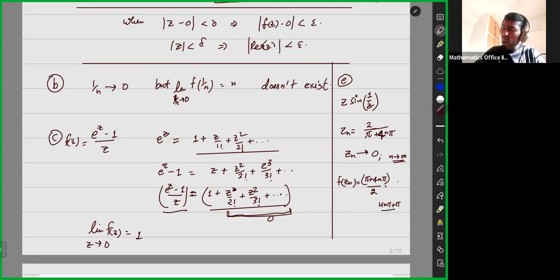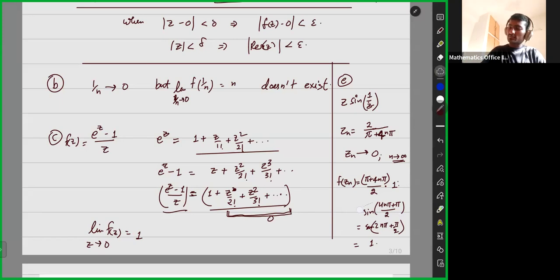What is this inside value? Sine of this is equal to sin of 2n pi plus pi by 2. What is this? This is always 1, right? So we put that value 1 here. Now where does f of zn go?